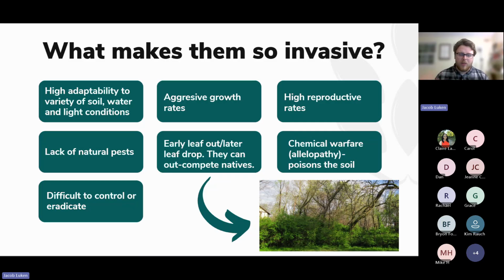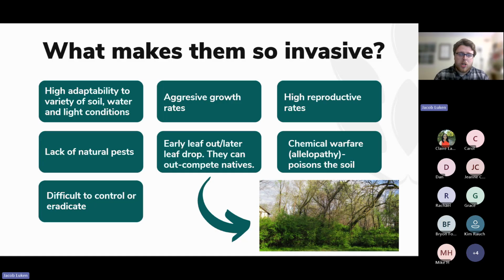So this down here is Asian bush honeysuckle, which takes over a wood line, and we're probably all very familiar with seeing it, whether you know it or not. A lot of times it's in our hedgerows, between houses, along the edges of parks, along the edges of roads, things like that. And you see it just about every day, whether you recognize it or not.